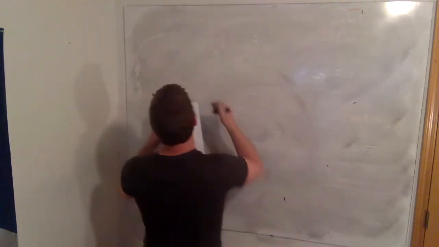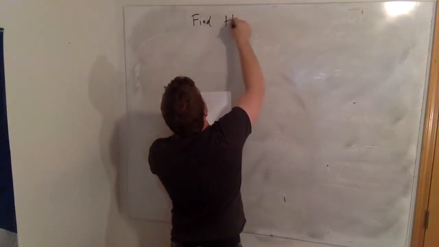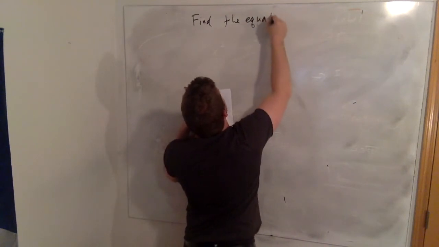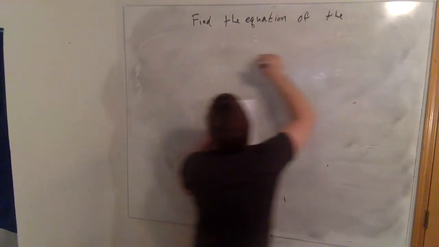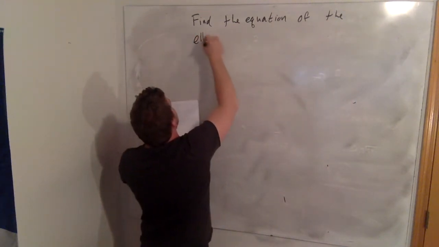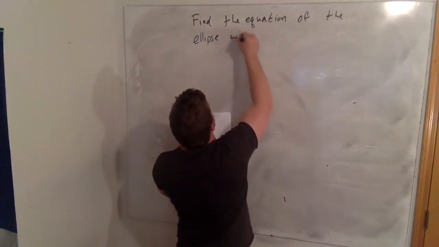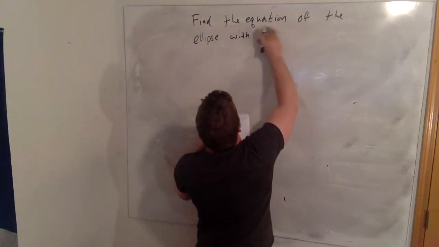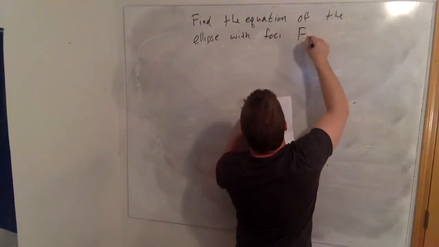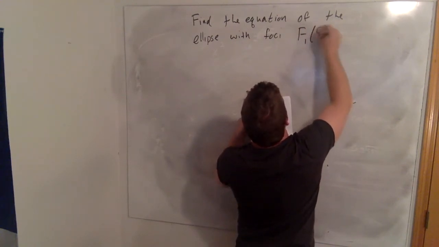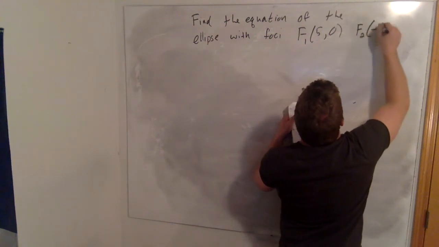Okay, so find the equation of the ellipse, let's say with foci f1 at 5, 0, and let's say f2 at negative 5, 0.